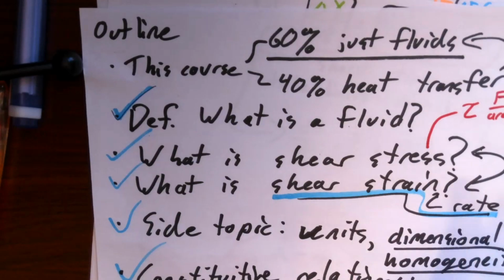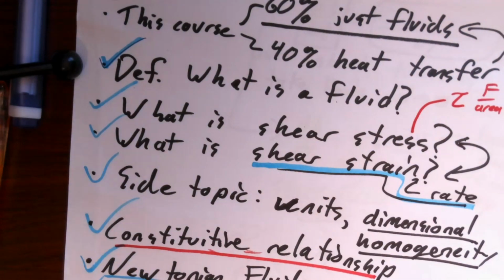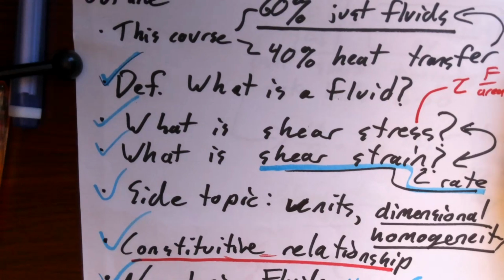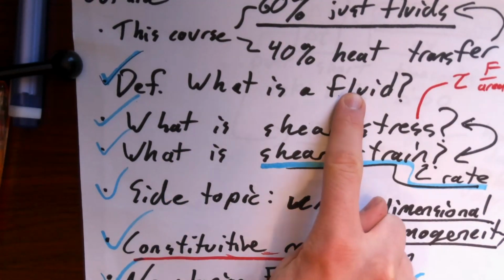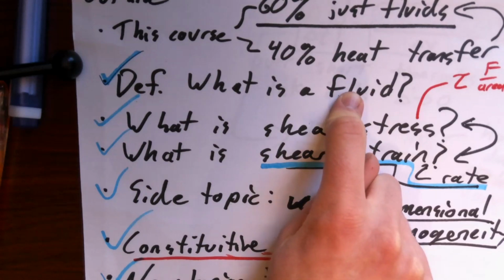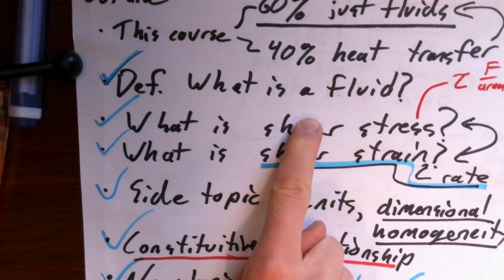All right, so let's summarize everything that happened. We first talked about the definition of a fluid, and we said a fluid was a continuum substance that couldn't support shear stress indefinitely without experiencing deformation.